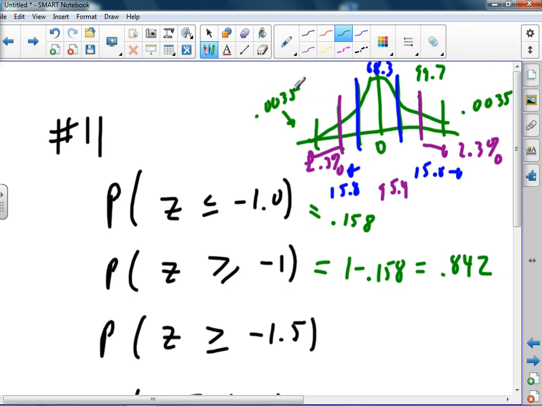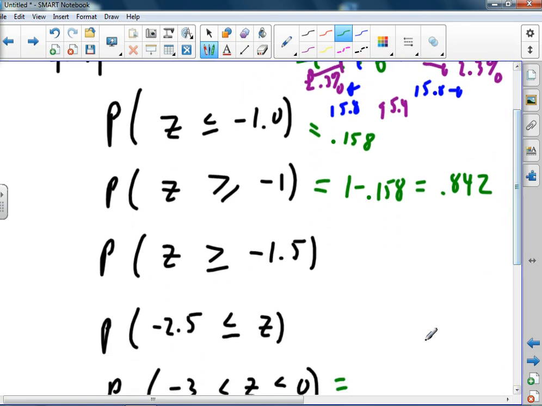So I'm going to subtract the portion that's the -3 tail. So that's going to be 0.5 minus 0.0035, which is 0.4965.